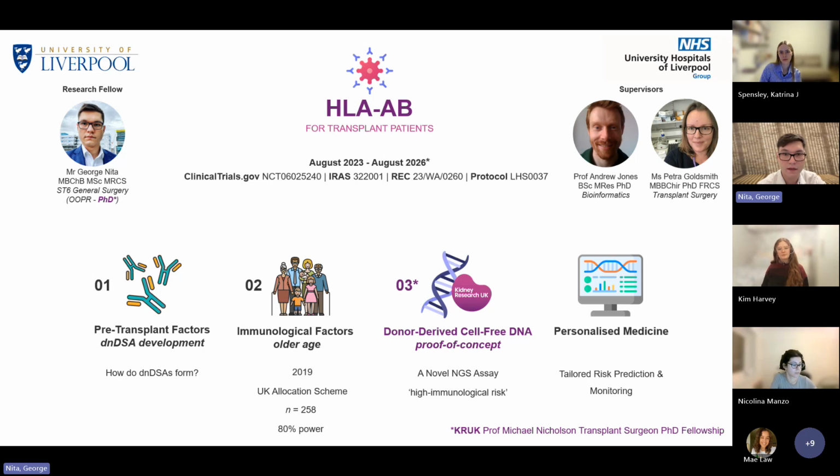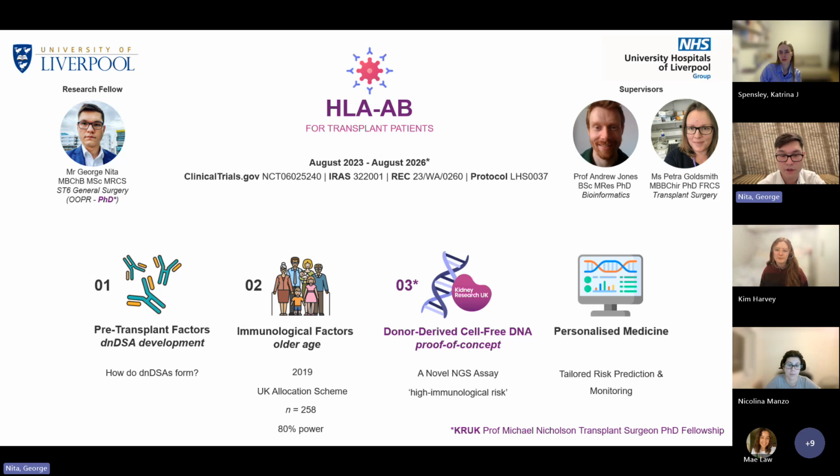And then we had this proof of concept study looking at a new blood test called donor-derived cell-free DNA, which we first tested in the subgroup of patients that are at very high risk of developing rejection. And that's what Kidney Research UK has funded me for, being my 3rd year of PhD.